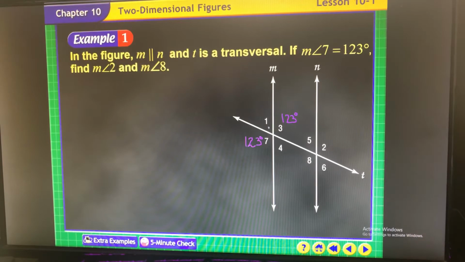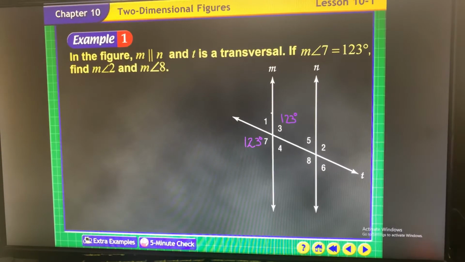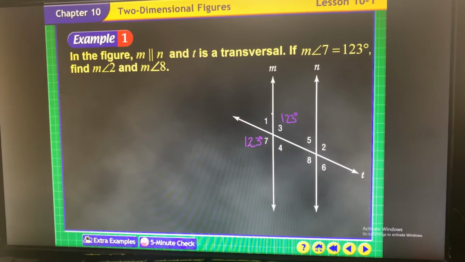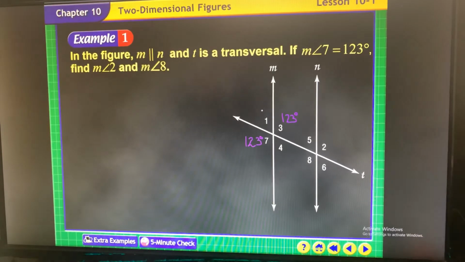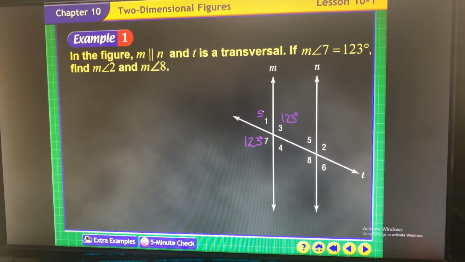And if you put the measurement of angle 1 together with 7, don't they create a straight line? And a straight line we know is 180 degrees. So if I know the measurement of angle 7 is 123 degrees, then all I need to do is subtract from 180 and I can find out the measurement of angle 1 is 57 degrees.